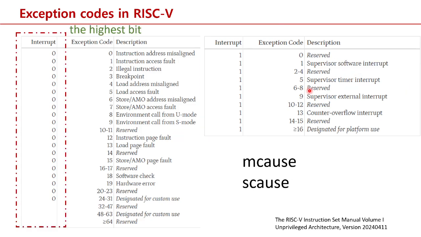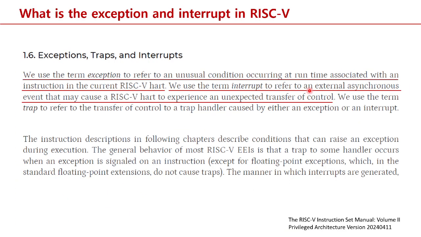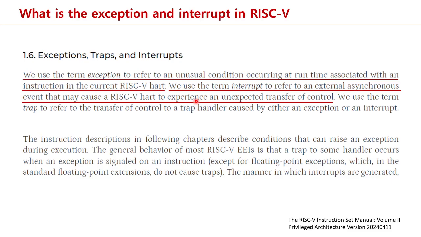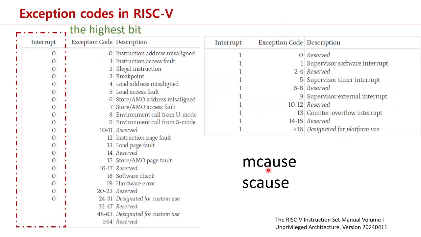Now that we know about the two types of trap in RISC-V architecture: a trap happens because of two reasons, in summary. The first reason is exception and the second reason is interrupt. That is an important point to understand. When the RISC-V core jumps to the trap handler, the first thing it does is read the value of this register, and reading the highest bit is the first thing to do.